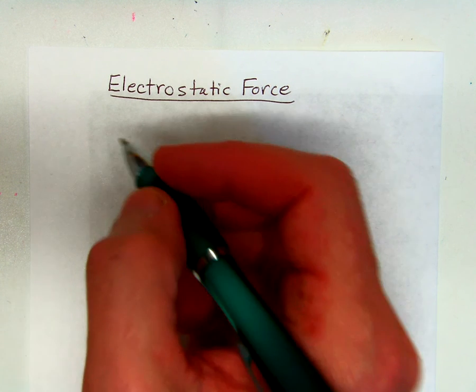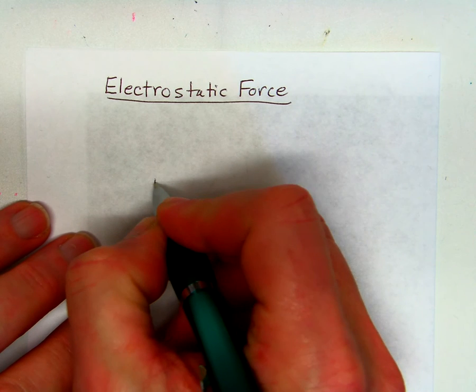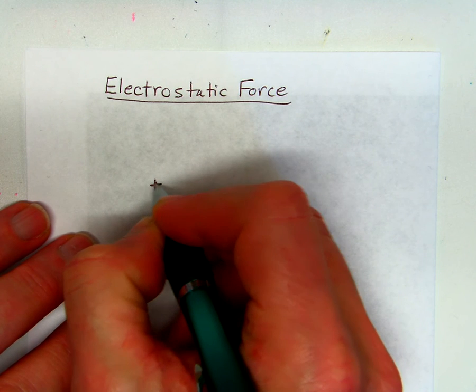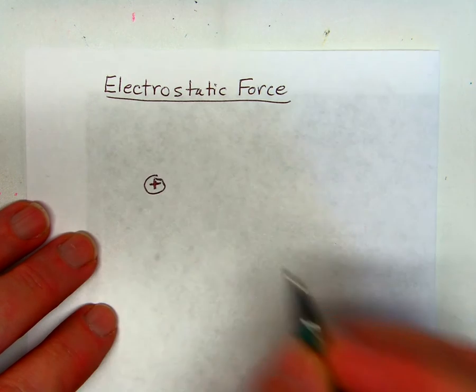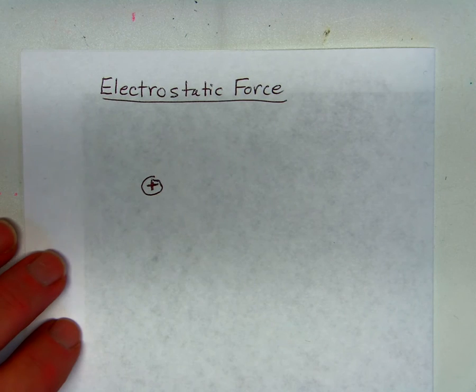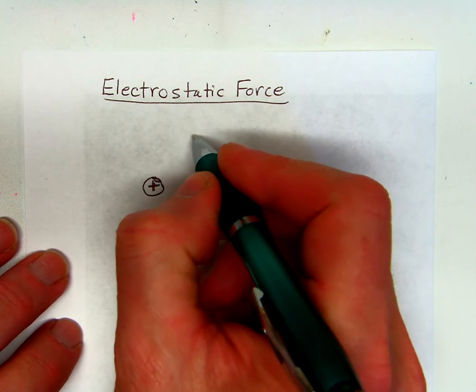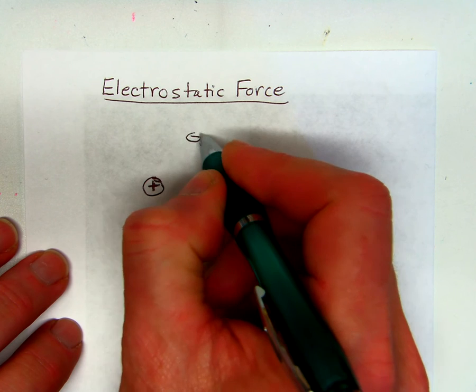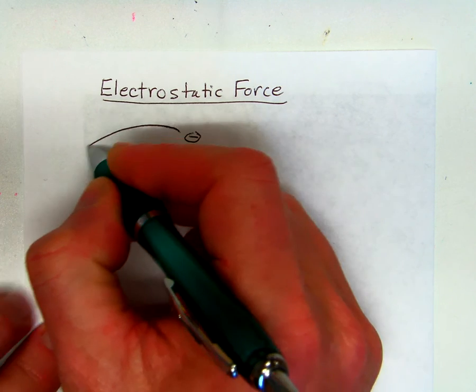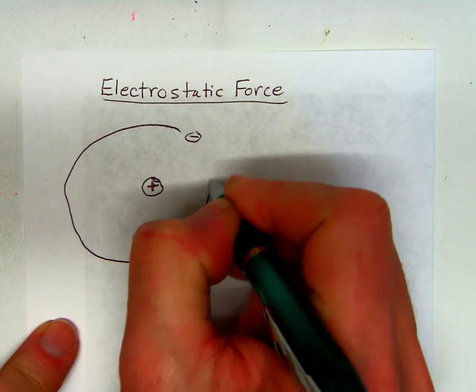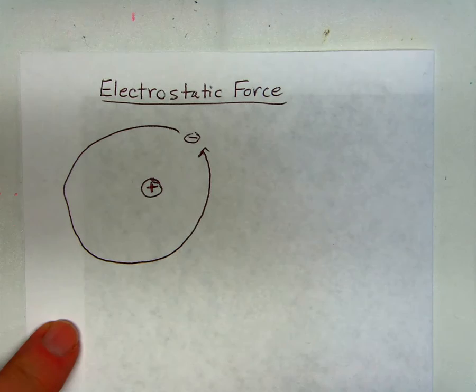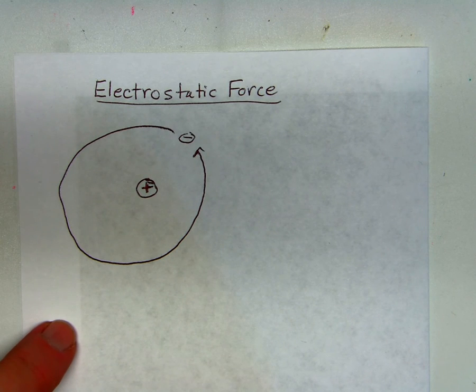Okay? So if we go back to a simple model of the atom, what we'll see is we've got some number of positive charges in the center of an atom, and then around the outside of the atom we've got some electrons.